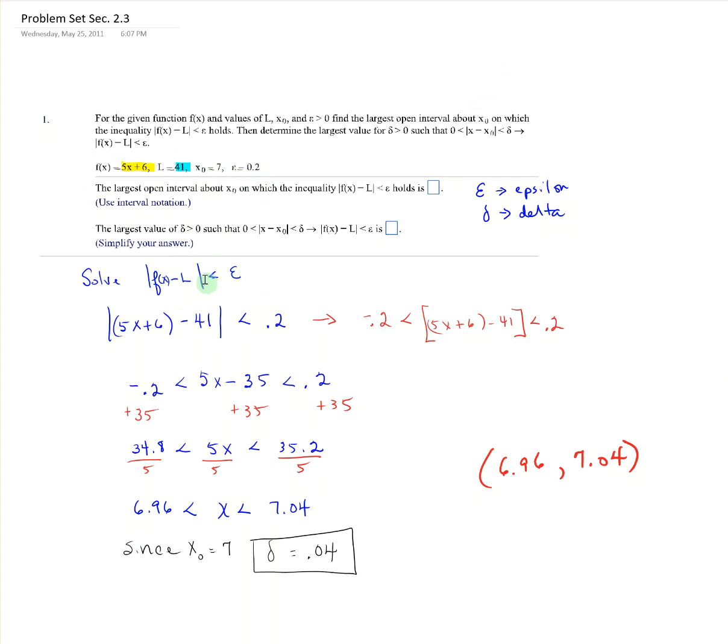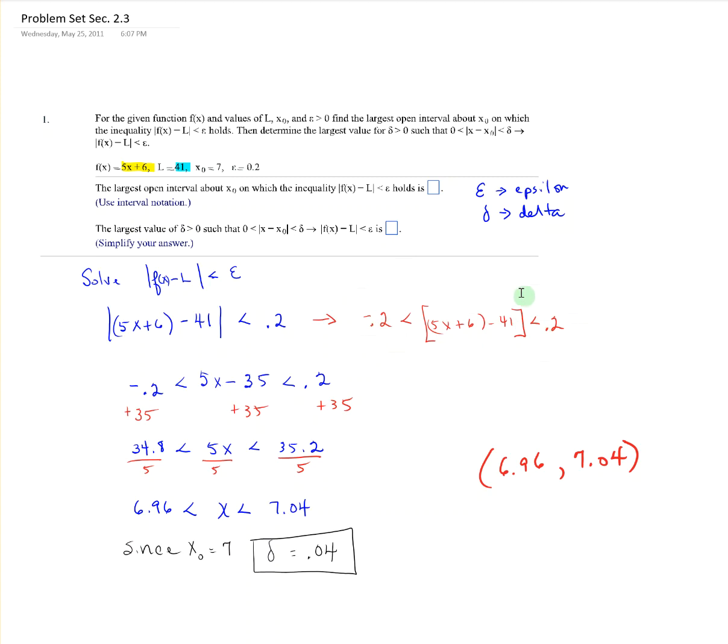So we're just going to plug in the pieces we're given. So the absolute value of 5x plus 6 minus 41, I'm just plugging in these pieces, is less than the epsilon of 0.2. So if you have an absolute value inequality, remember that the expression has to be greater than the negative value and less than the positive value.